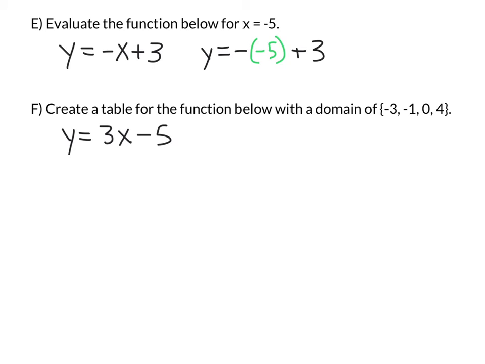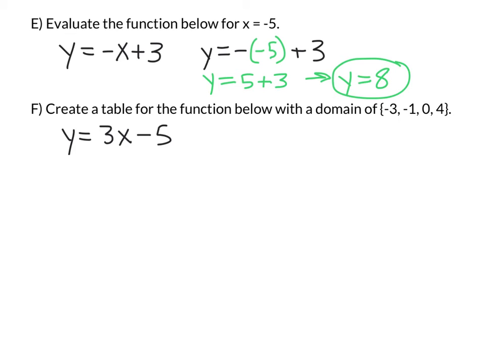So y equals negative negative 5. Negative negative 5 is the same as positive 5, plus 3. And that is going to give us y equals 8. So to evaluate a function, all we do is substitute the input in, and that'll give us our output.